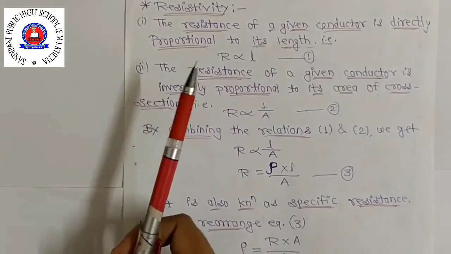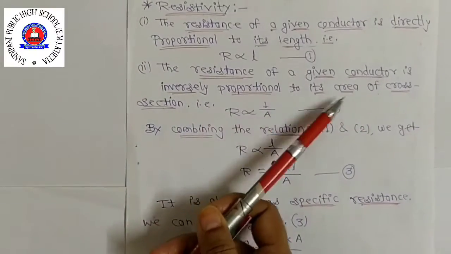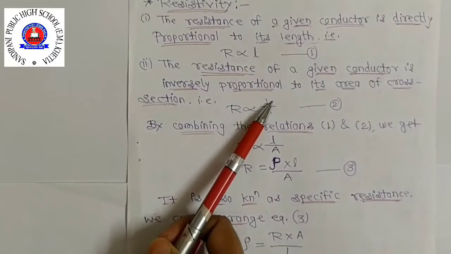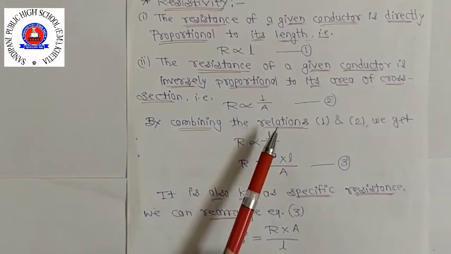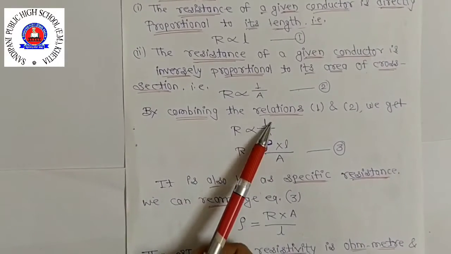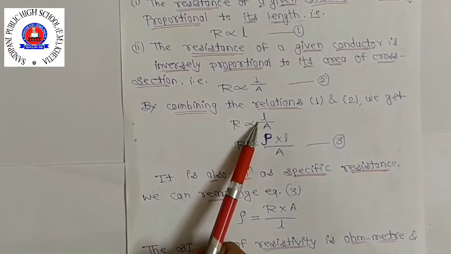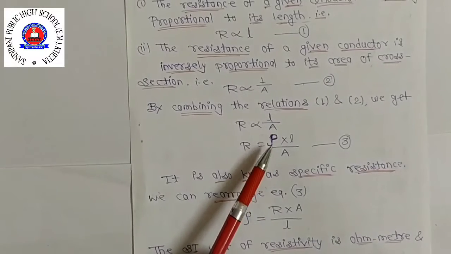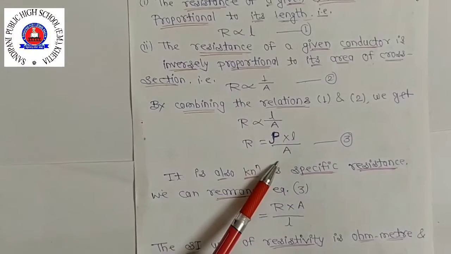And second, the resistance of a given conductor is inversely proportional to its area of cross section, that is, R is proportional to 1 upon A. This is equation number 2. By combining relations 1 and 2, we get R proportional to L upon A. We remove this proportionality sign and add a constant, so R is equal to rho multiplied by L upon A.